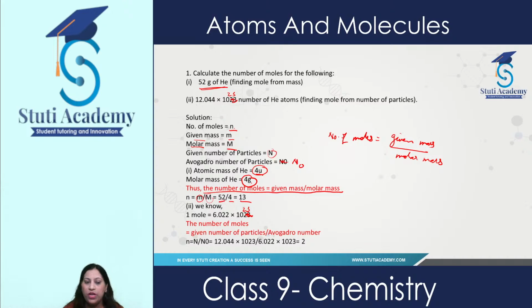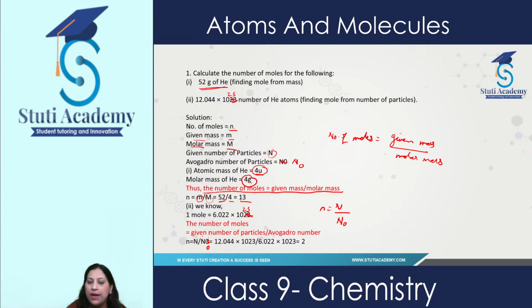According to the formula, if you need to find the number of moles, and the number of particles is given, you need to write this formula: given number of particles divided by Avogadro's number. So simply we write this, it is represented by N0.